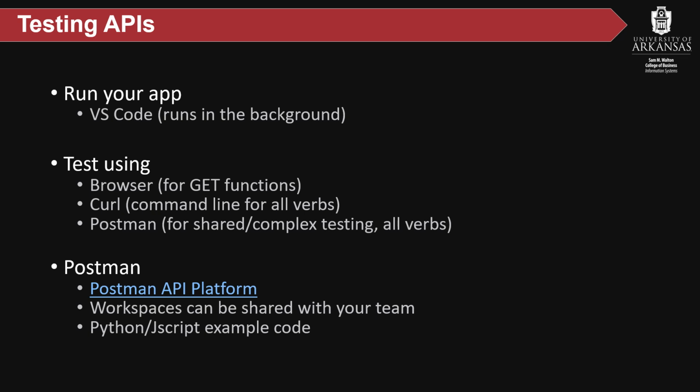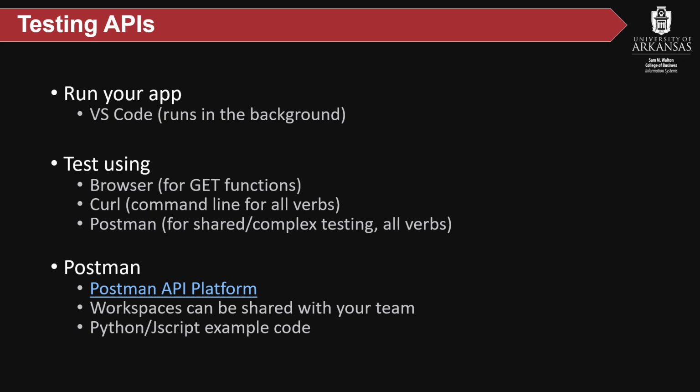It will stand up a web server that is listening on port 5000 for requests. And you can test it using the browser for your GET functions. That's the simplest way, right? Start by using the browser specifying the path, the query parameters that are required, and hit the GET function to see it go. You can also test it using the curl command.